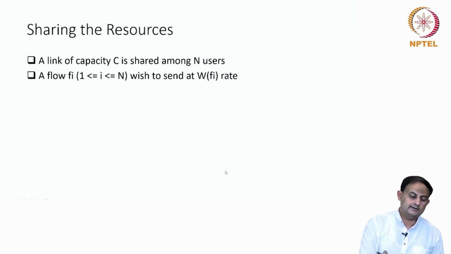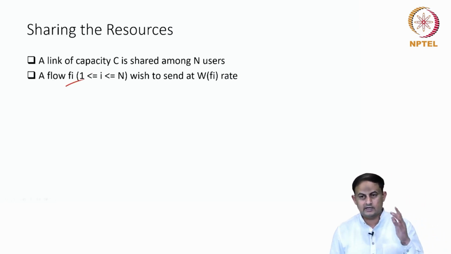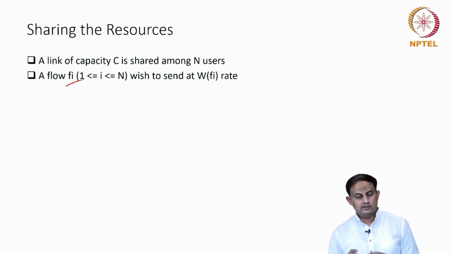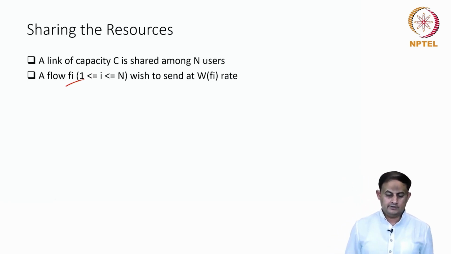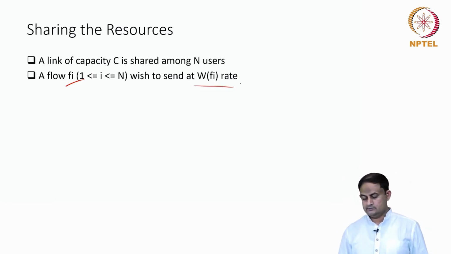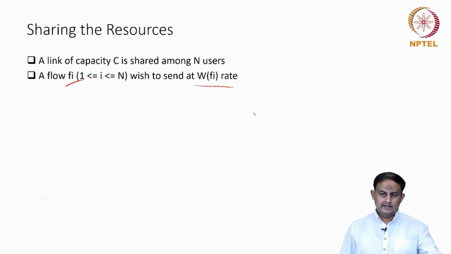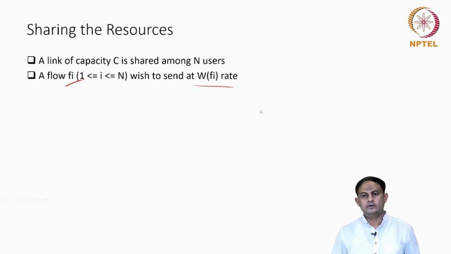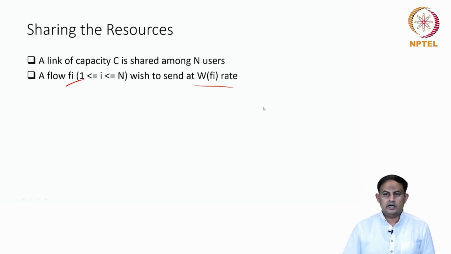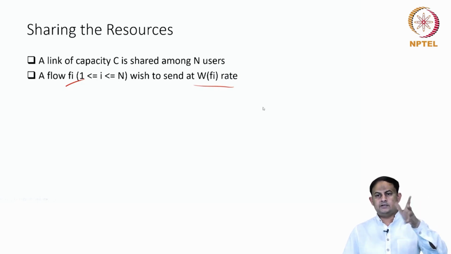Fi is the ith user's flow, or the ith network's flow coming to a router in your network, and it is transmitting at a certain rate called W of Fi. The ith user is transmitting at the rate of W of Fi right now, and I want to assign a priority to this transmission. I want to give a capacity of transmission.